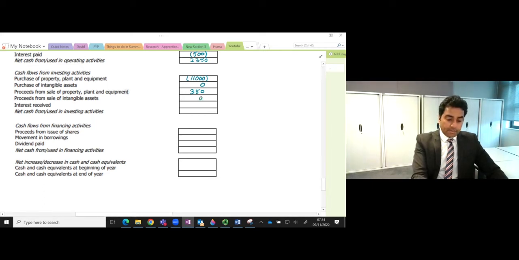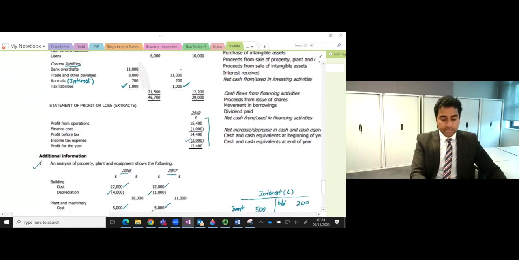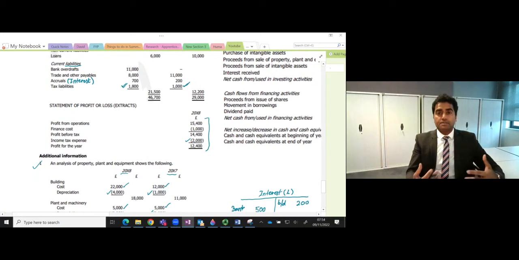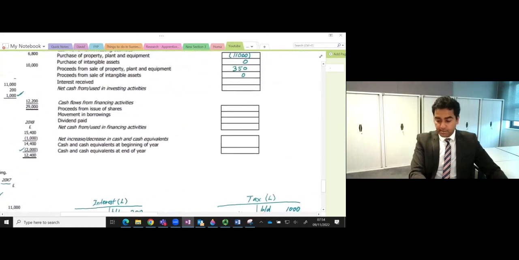Then proceeds from the sale of intangible asset. We do not have any intangible asset, so I'm going to record it as 0. Interest received. In the profit and loss account, you can see there is no interest income coming into this business, so we are going to record it as 0.